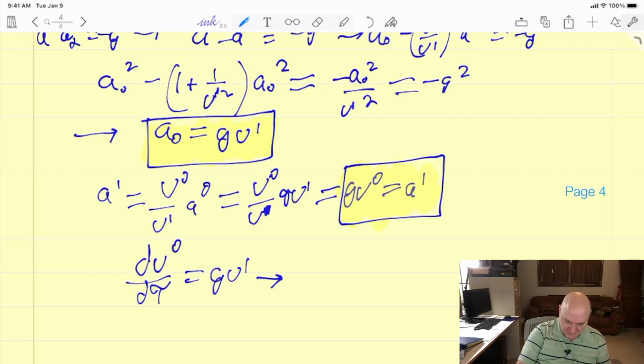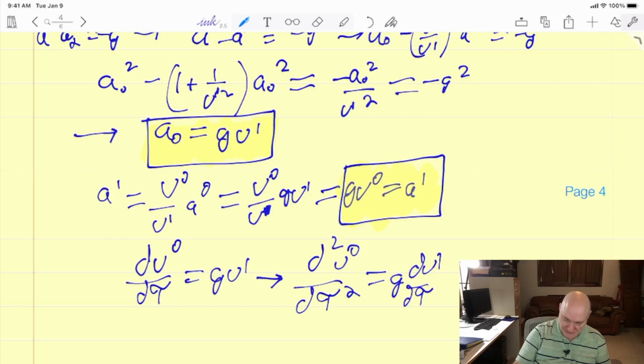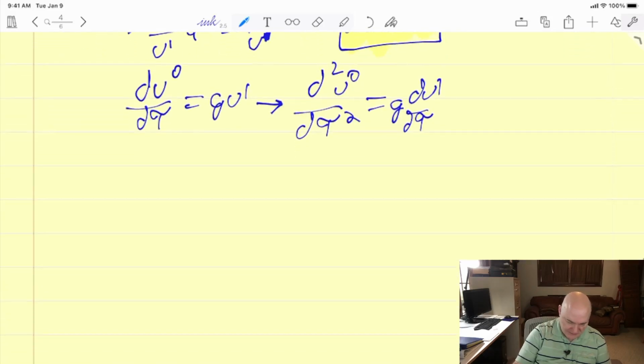If I take another derivative here, I'm going to get d2u0/d tau 2 is equal to g du1/d tau, and that's equal to g a1 by definition again.